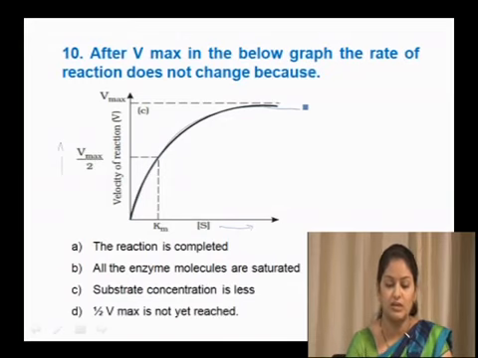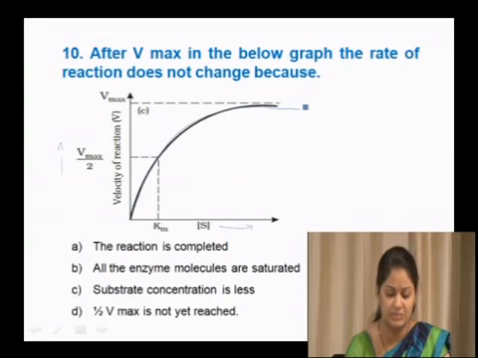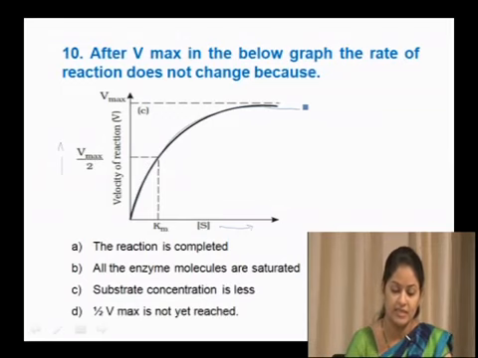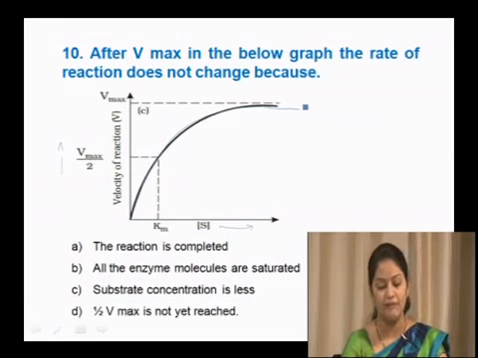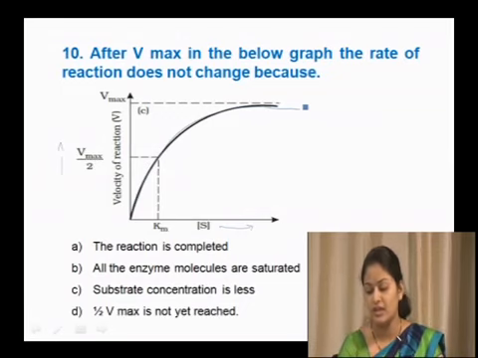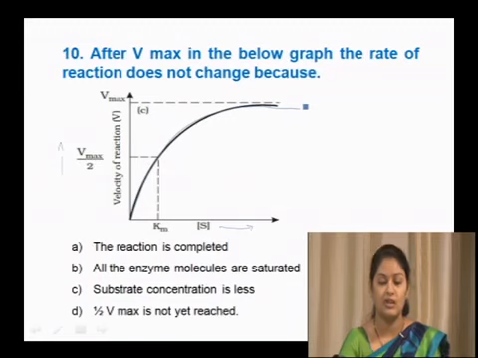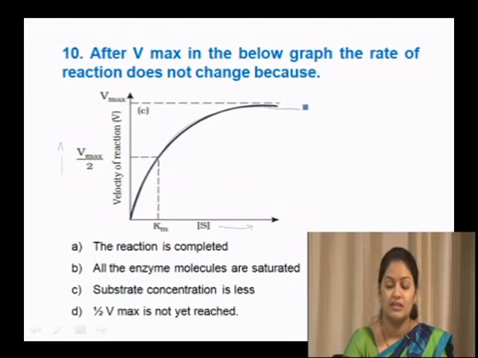So this particular graph is indicating, A, the reaction is completed, or B, all the enzyme molecules are saturated, C, substrate concentration is less, or D, half Vmax is not yet reached. What the graph is indicating is the steadiness of the reaction after reaching a particular level.